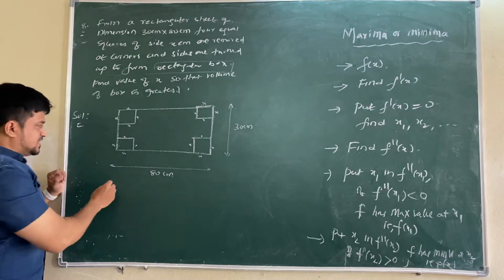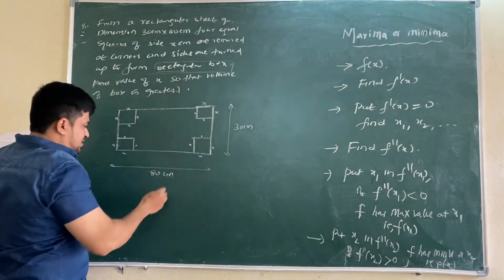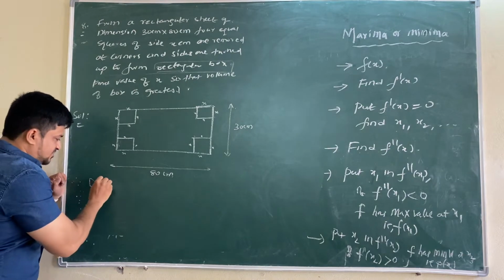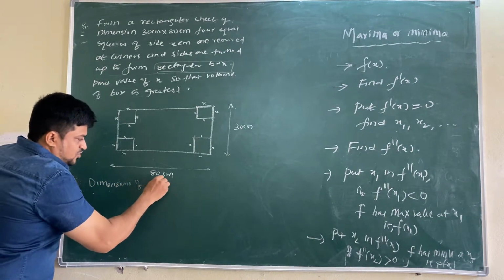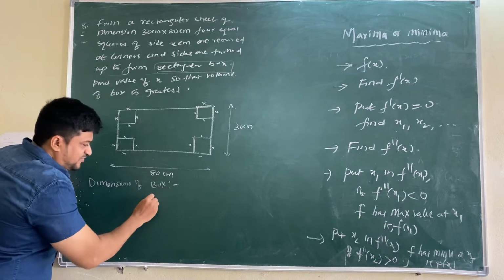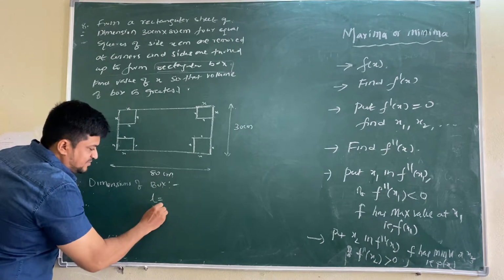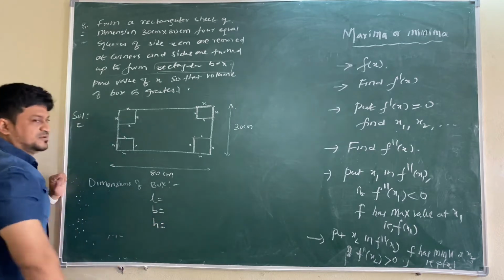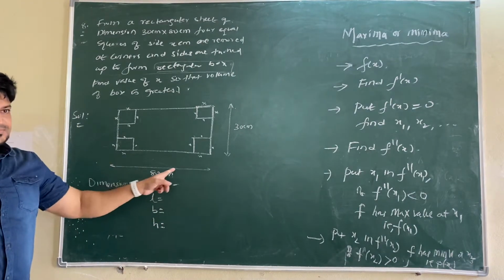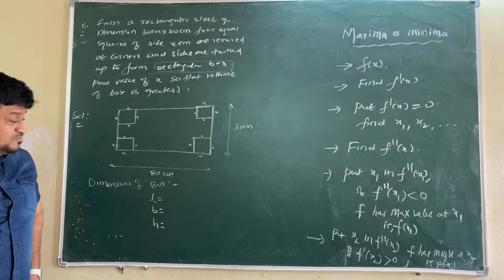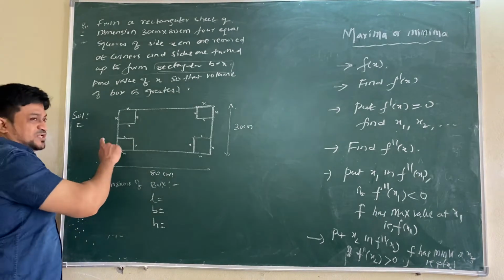Whenever we get a rectangular box, we will write its dimensions. Dimensions of the box: the box is in the form of a rectangle, so you get length, breadth and height. What will be the length here? 80. Yeah, I am saying the box, not the rectangular sheet.